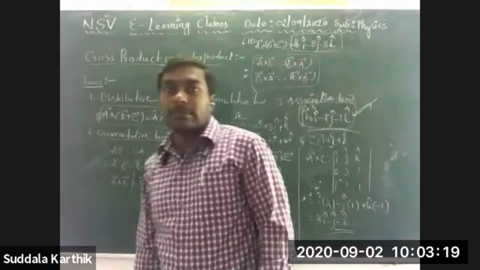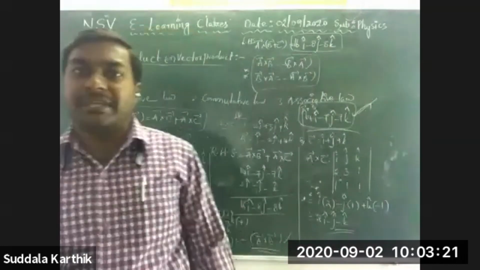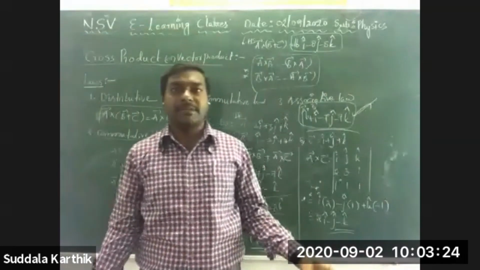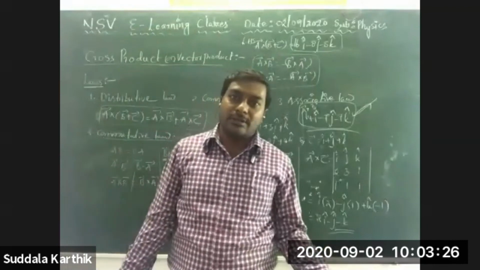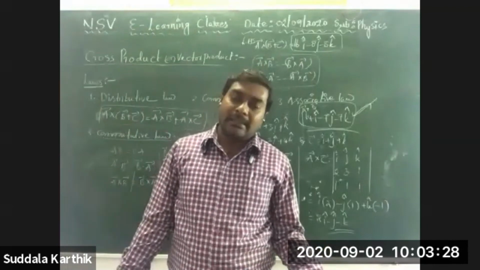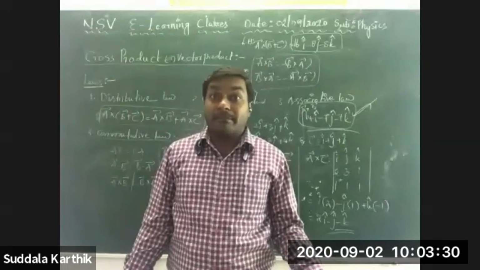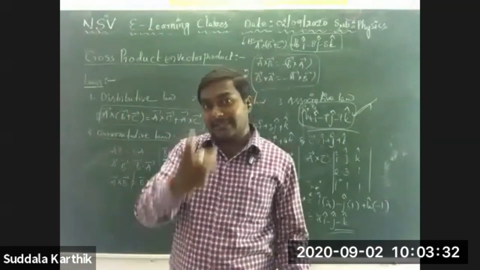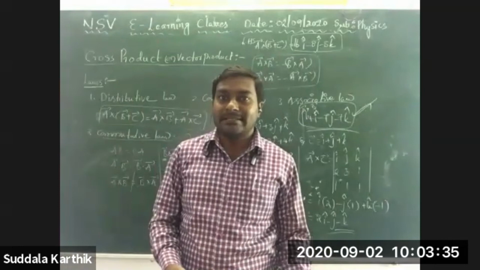Don't do it like that, because A into B and B into A, no problem. A plus B and B plus A, no problem, both are same. But A minus B and B minus A, there is a problem, not same.